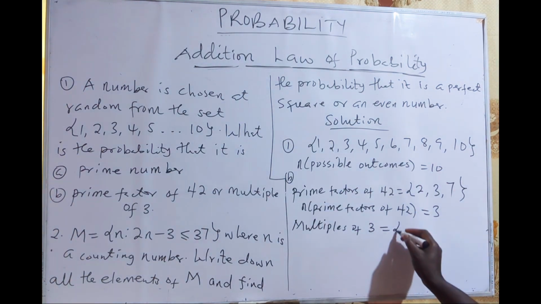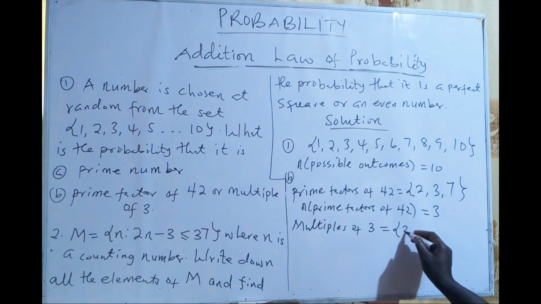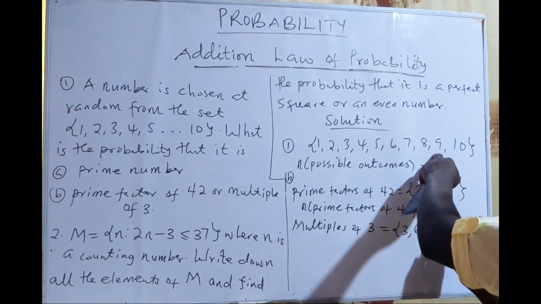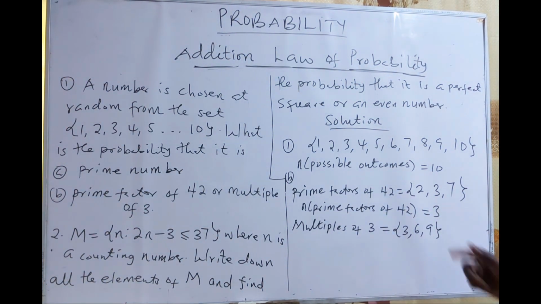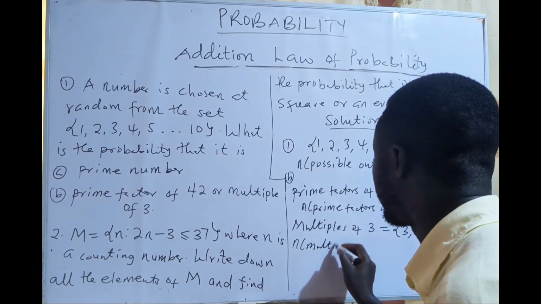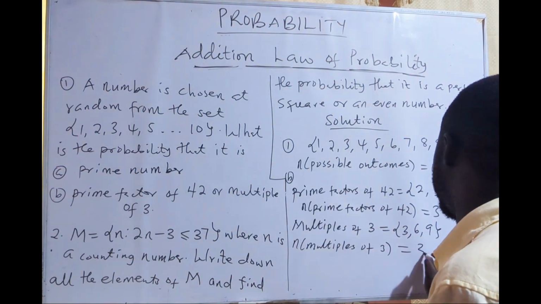If it is multiples of 3, then I have the number 3, then 6, and then 9. So these are multiples of 3. The number of multiples of 3 will give me 3.